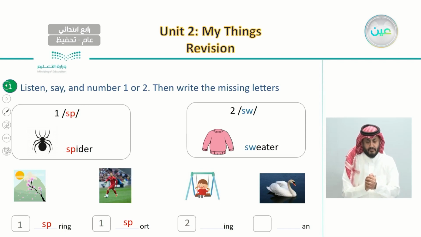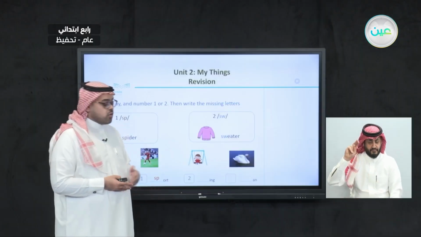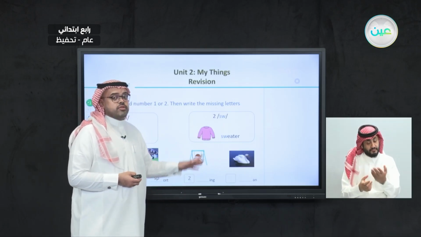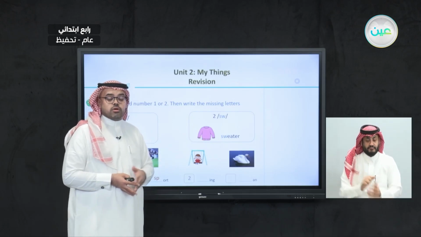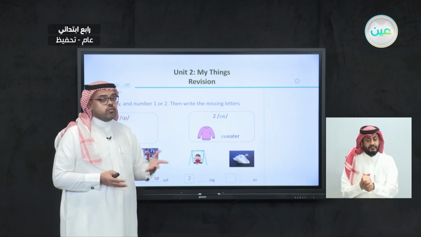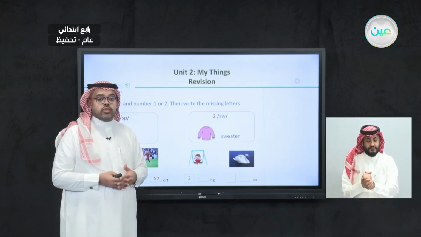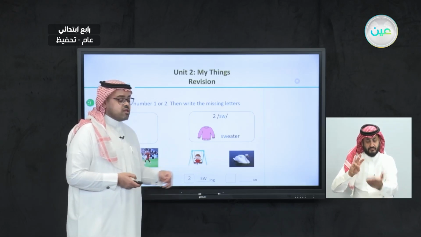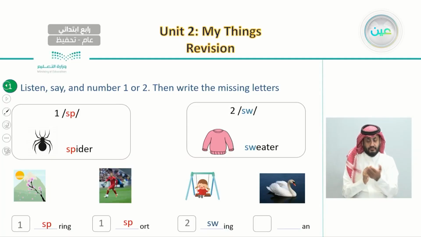The word is swing, which, as we can see here, represents the second sound that starts with S and W. So, of course, now we know that we can fill it in with S and W. So here we have the word swing.